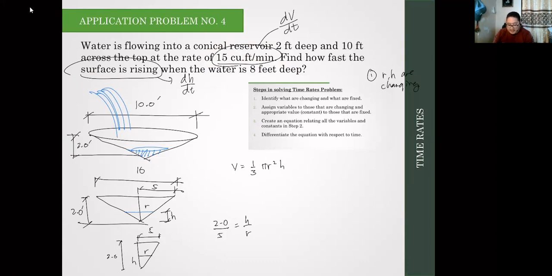Okay? Ibig sabihin, kailangan in terms ni H yung equation natin. So, para mag in terms of H, magigitong 2.0 over 5 times R or 2 divide 5. 2 divide 5 is 0.4. 0.4 ng R. So, substitute natin dito. 1/3 pi.